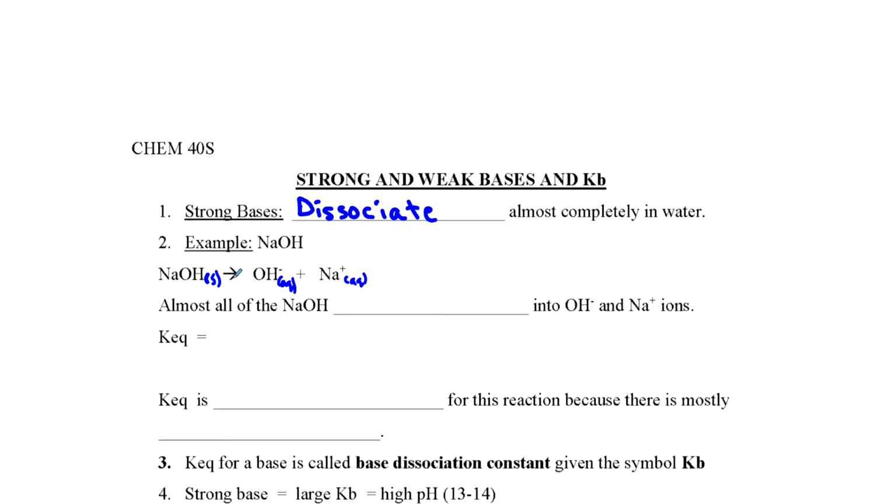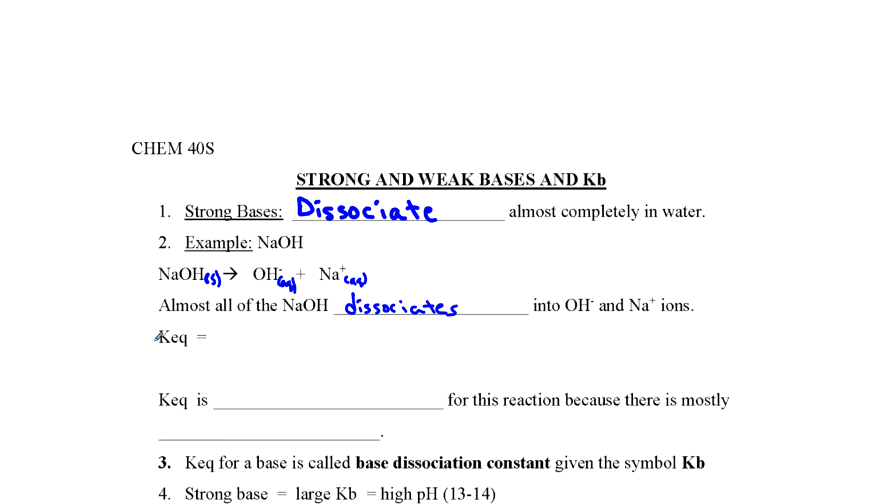That's why we just see the single arrow as opposed to the double-sided arrow. So almost all of the NaOH dissociates, or you could say ionizes, into OH negative and Na plus ions. So if we did Keq, remember, we've been doing all different varieties of Keq.